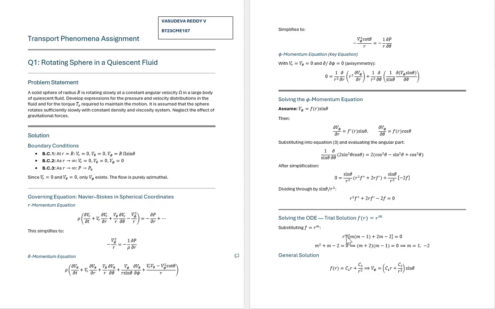And as we know that r^m can't be equal to 0, m into m minus 1 plus 2m minus 2 will be equal to 0, and m is equal to 1, minus 2. From this we can see that f(r) is equal to c1 r plus c2 by r squared, because m is equal to 1 and minus 2. So we can write V phi is equal to f(r) into sin theta. So this is the required equation of V phi.